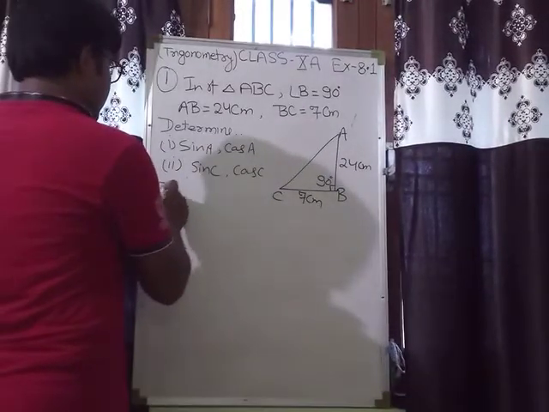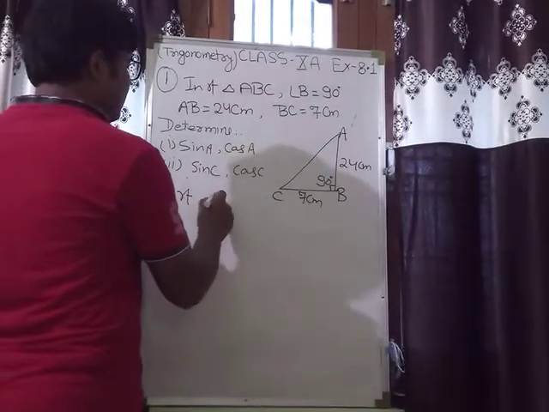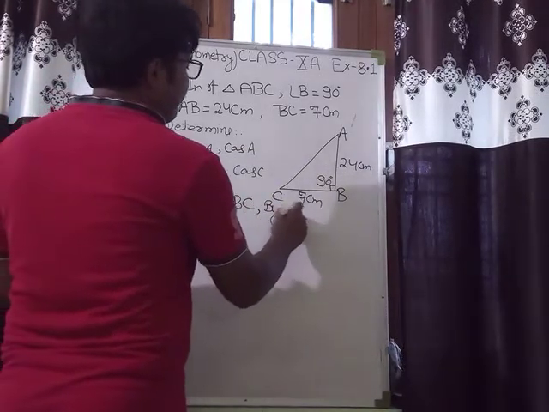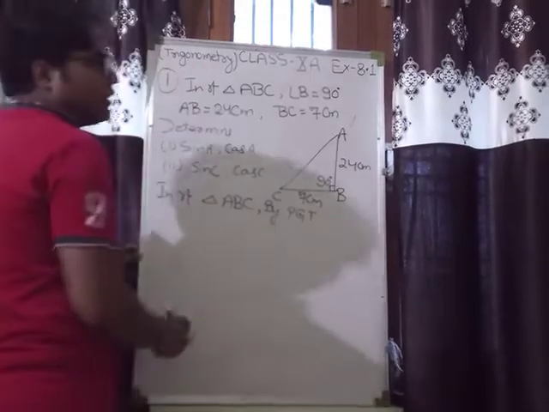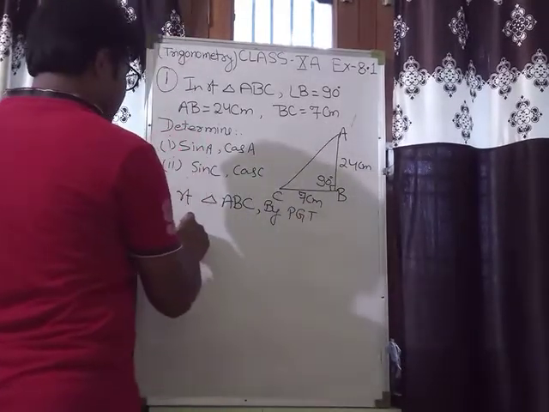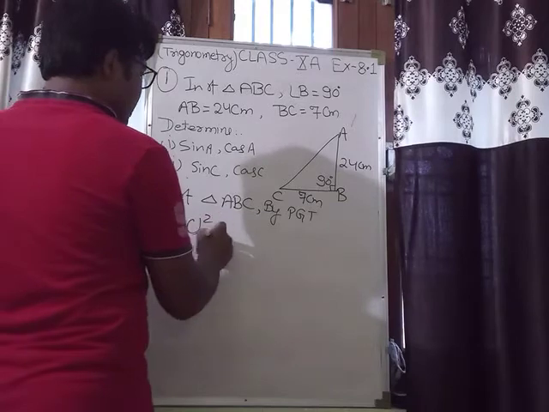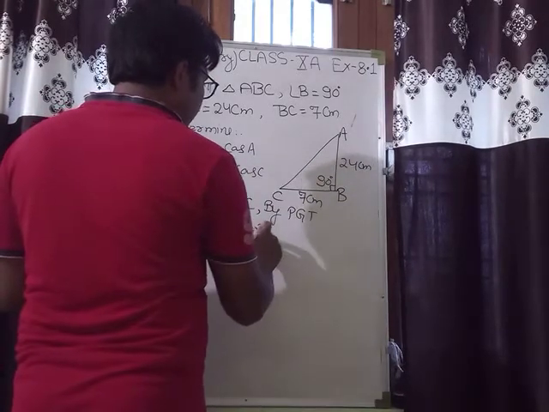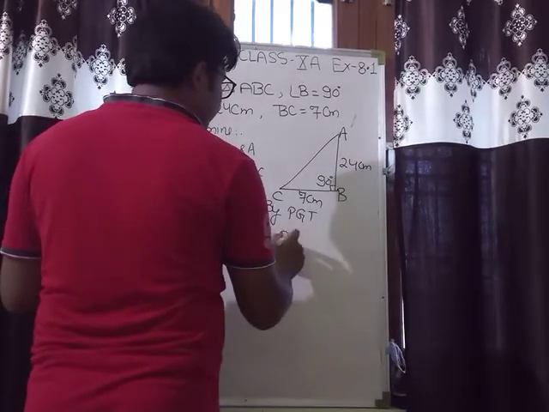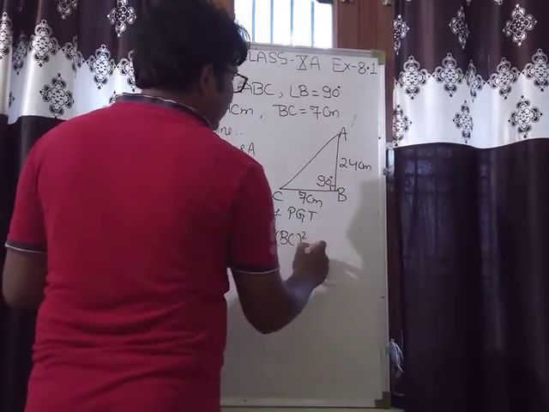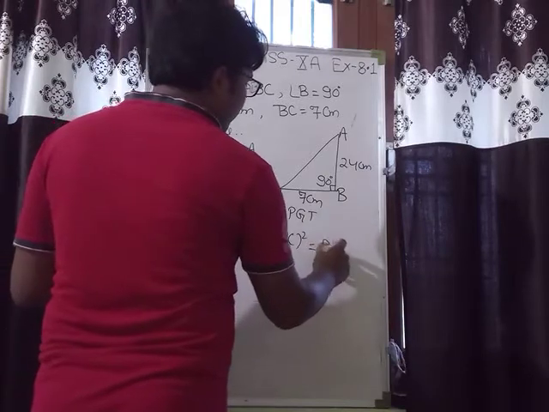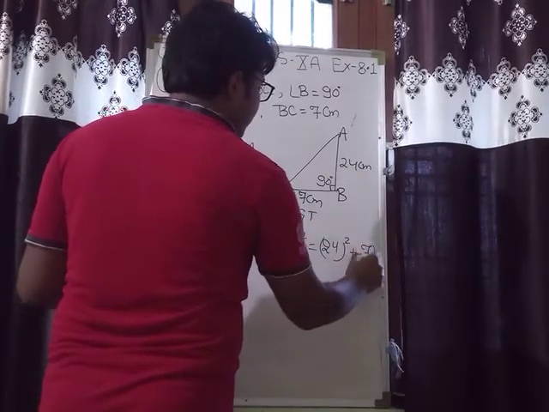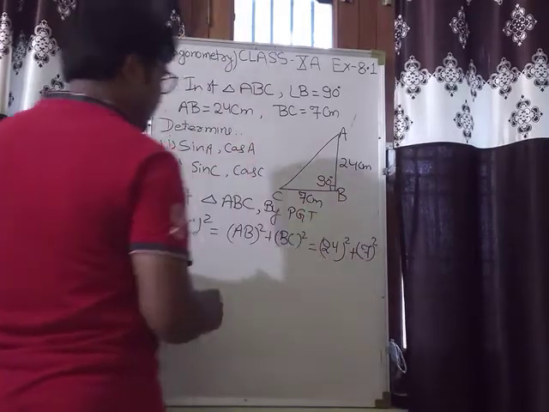So in right triangle ABC, by Pythagoras theorem, AC square is equal to AB square plus BC square. So AB is 24, that is 24 square, and BC is 7, so that is 7 square.